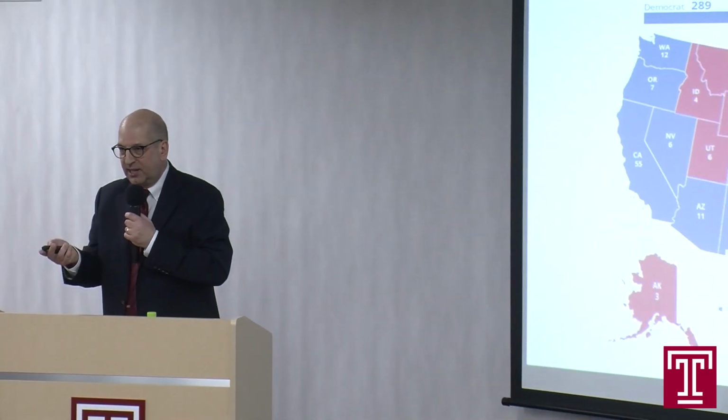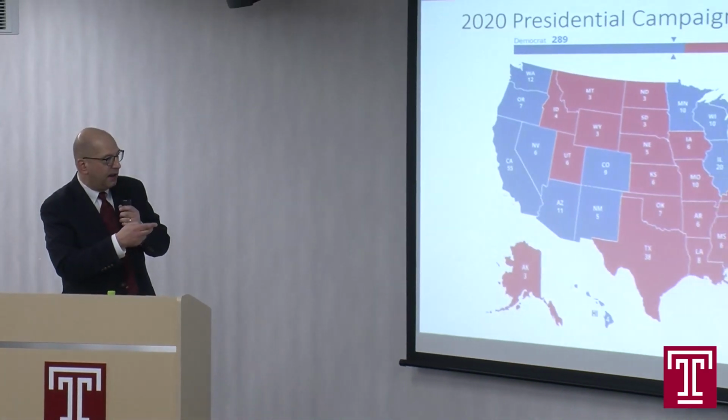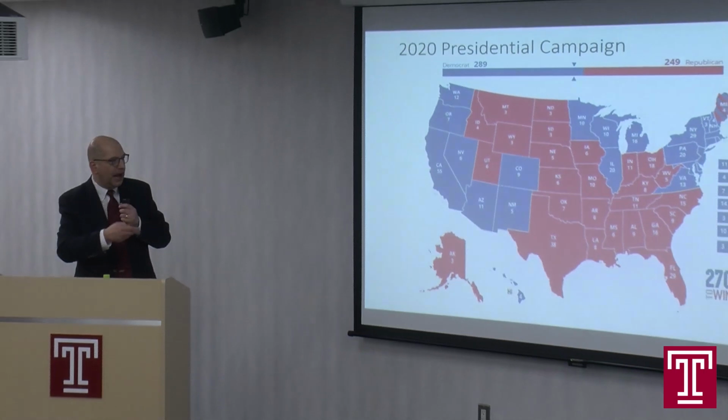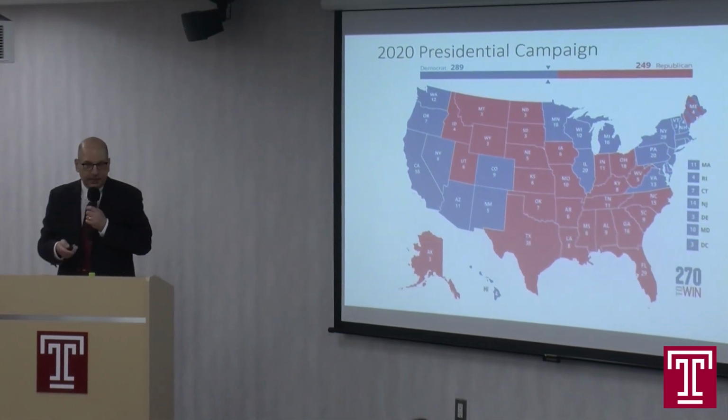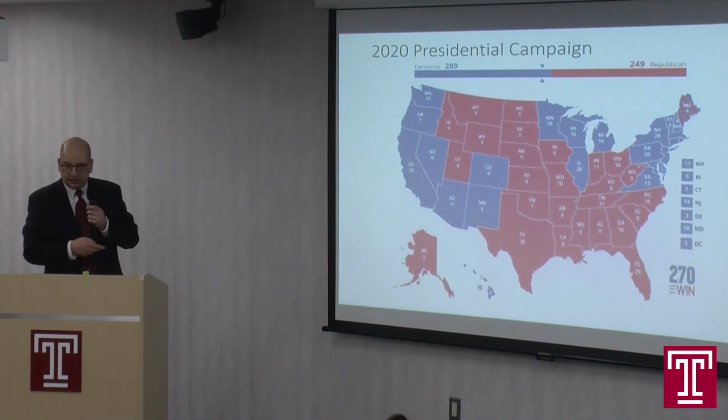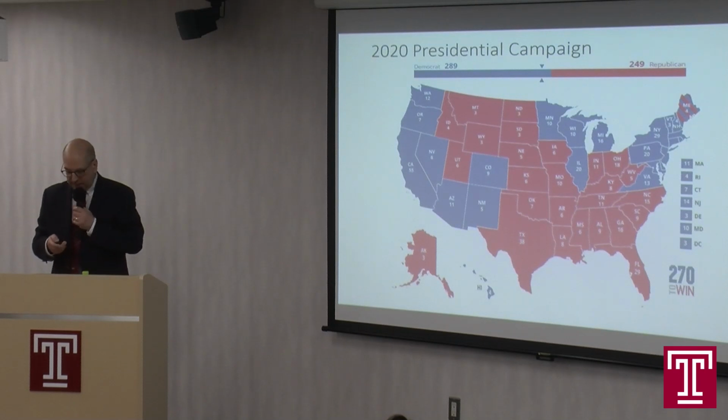What does it mean for 2020? If we take a look at the map and use what happened in the Senate, and again, we didn't have Senate races in a majority of the states, but the ones we did, and try to take that to mean how the states will vote in 2020, you see that the Democrats have a narrow advantage.